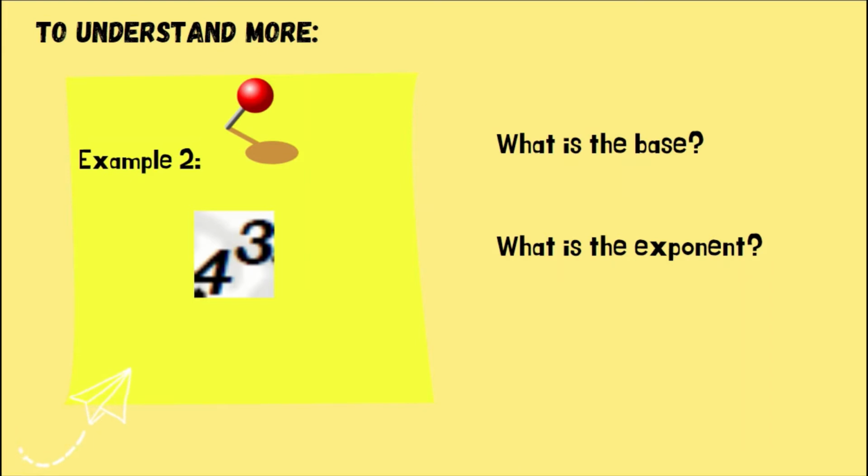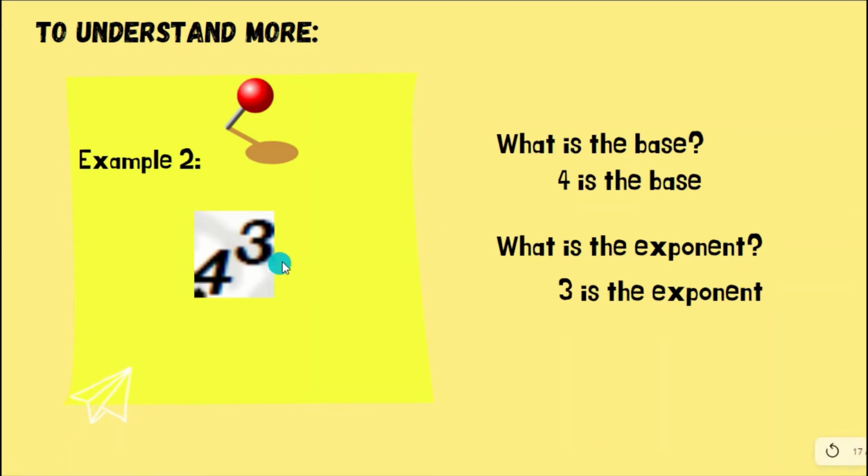What is the base in this example? And what is the exponent? Have your guesses. Let's see if you're correct. Okay, the base for this example is 4 and the exponent is 3.